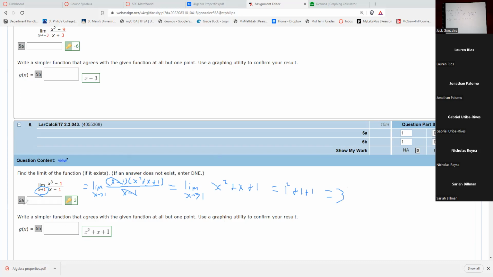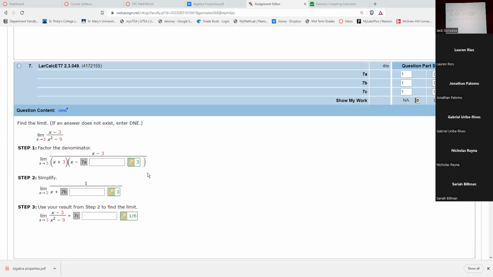Use algebra to change the question, change the function where you are allowed to plug in the number. That's what they're doing in this 2.3. Are there any questions on 5 or 6? Not too bad so far. So that's all you'll do here.